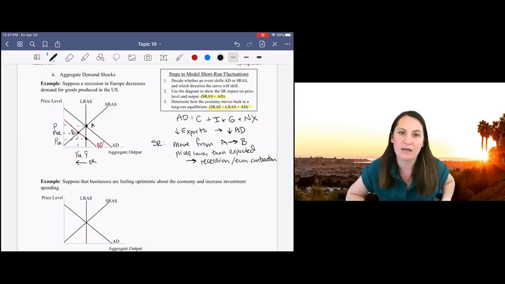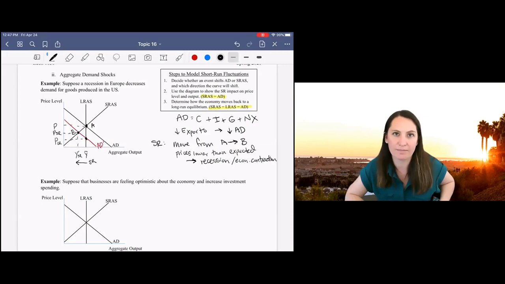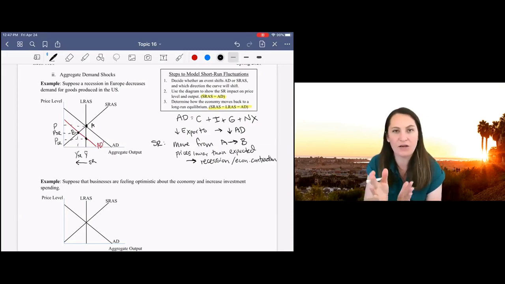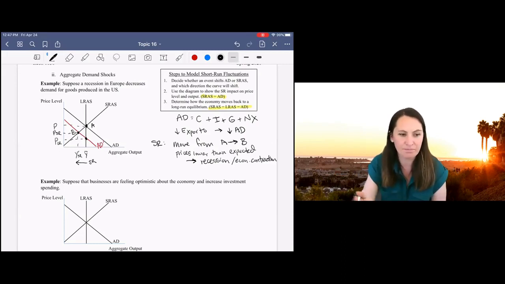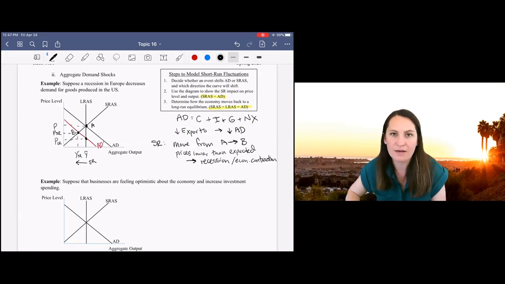How does the economy return to a new long-run equilibrium? Well, our long-run aggregate supply curve is not going to move. That's the same. Nothing has changed to change our real productive capacity. What's going to happen here is that our expectations about prices change, right? Over time, we can adjust wages or we can adjust prices downward, and we begin to expect or understand this new lower price level.